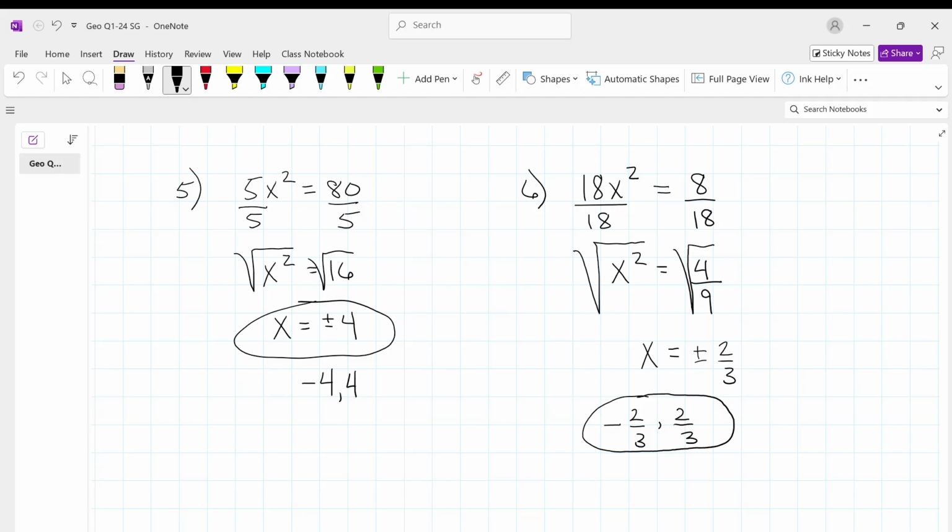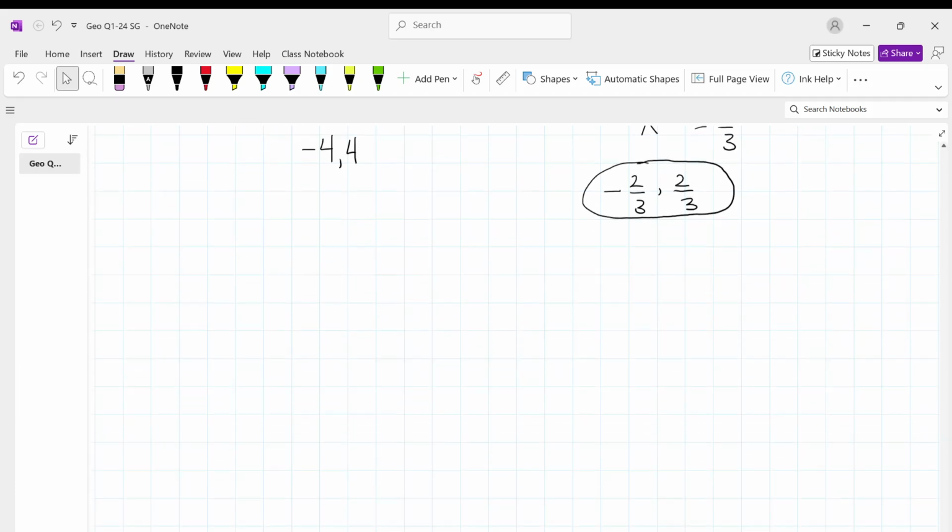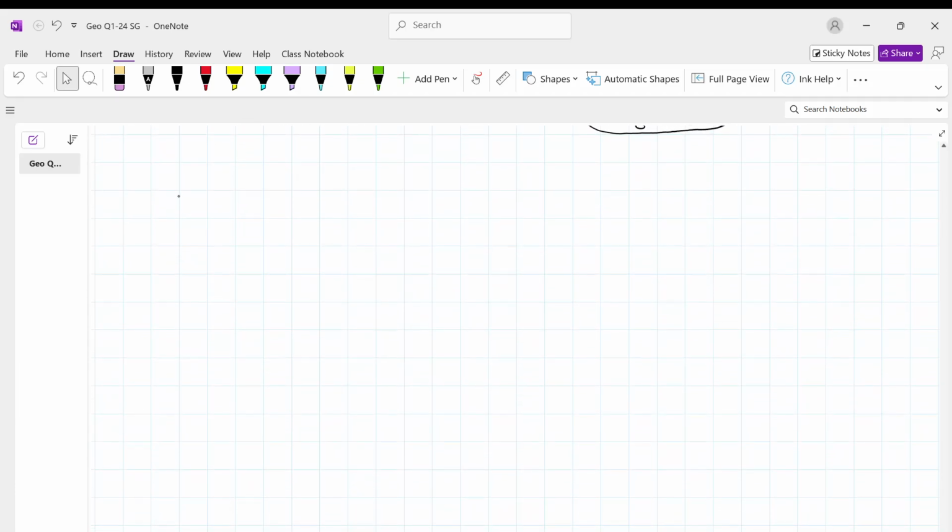All right, we have 2 problems left. And number 7, x squared plus 20x plus 100 is equal to 64.